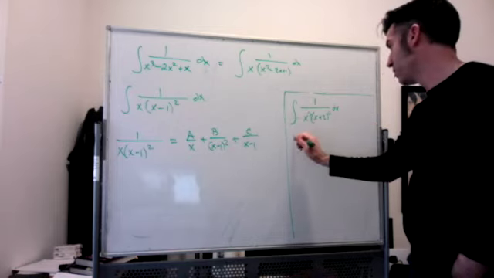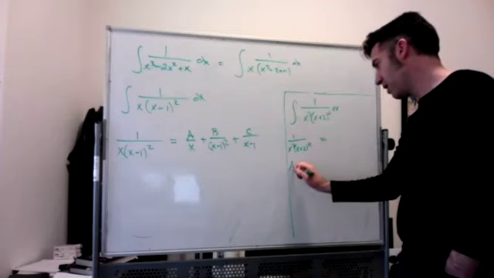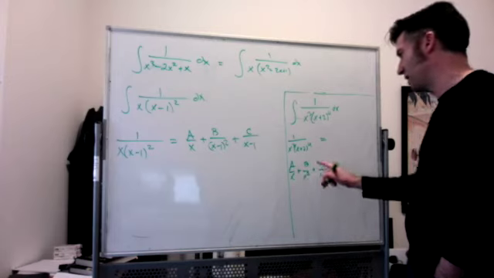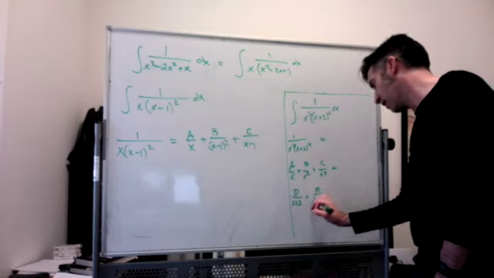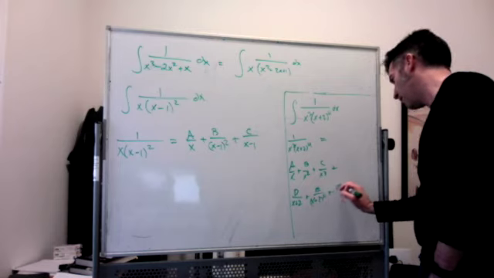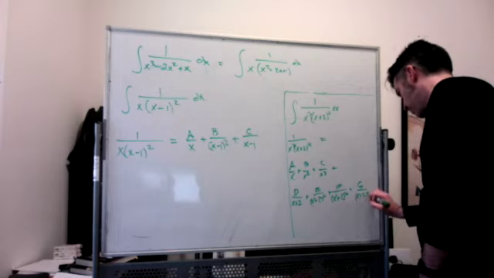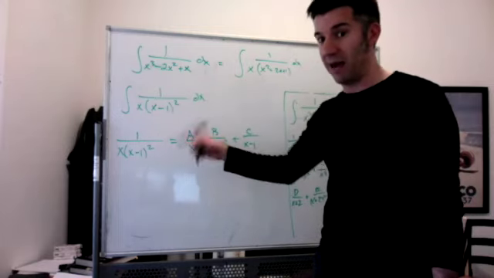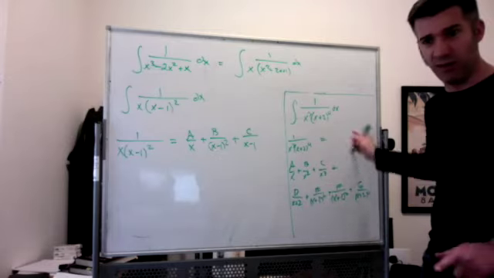You'd have 1 over x cubed times x plus 2 to the 4th equal to a over x plus b over x squared plus c over x cubed, and then you need 4 for that, right? d over x plus 2 plus e over x plus 2 squared plus f over x plus 2 cubed plus g over x plus 2 to the 4th. So that's what I mean. If you have something that's raised to a power, you need that power and every lesser power down to the first power of it. No one should ever give you a problem like this. This is totally dumb.